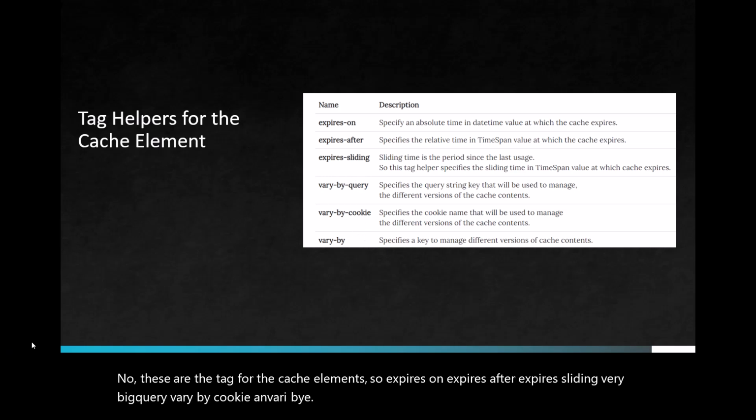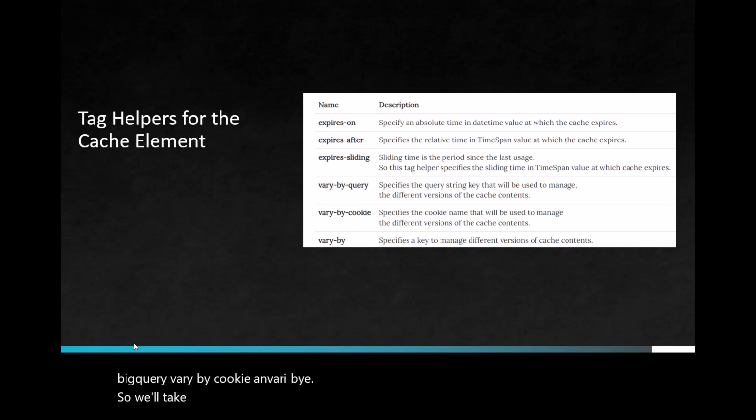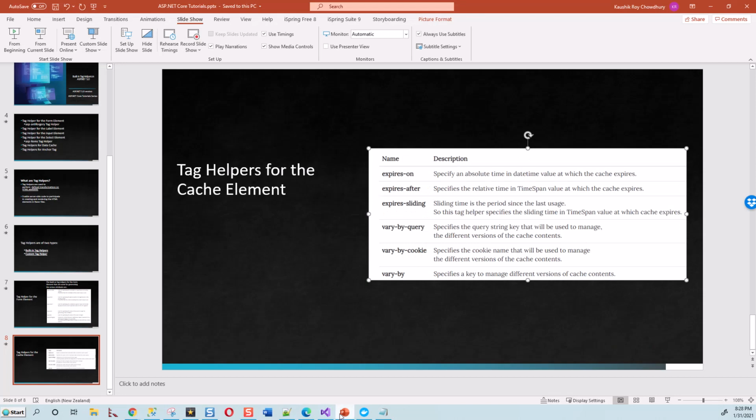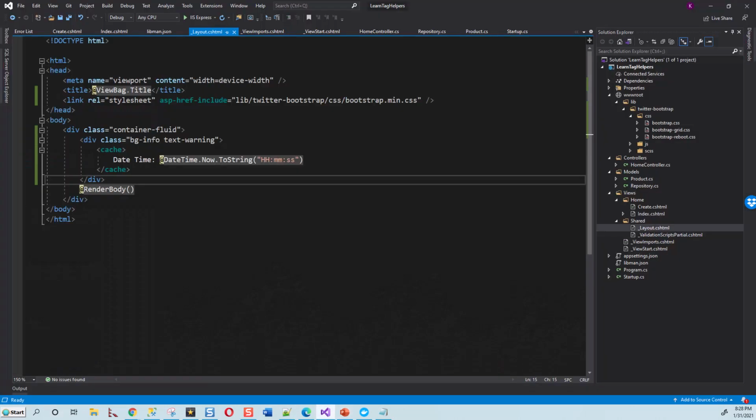So we'll take some of these, and I will switch over to Visual Studio, just exit from the slideshow and get back to Visual Studio 2019. What I have done is put in the cache tag, and I will put an attribute expires-after. So TimeSpan.FromSeconds(20).